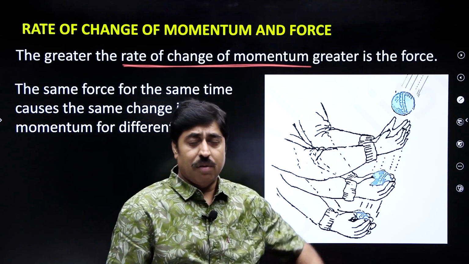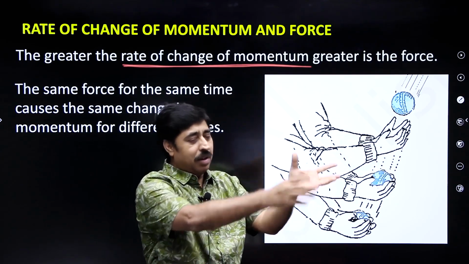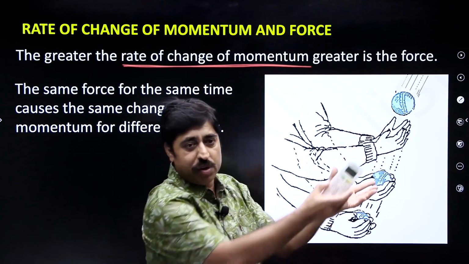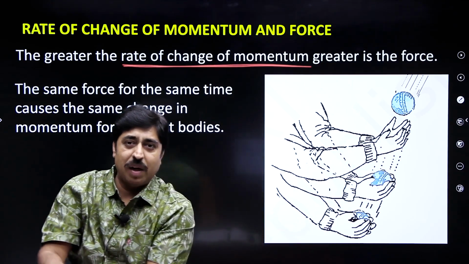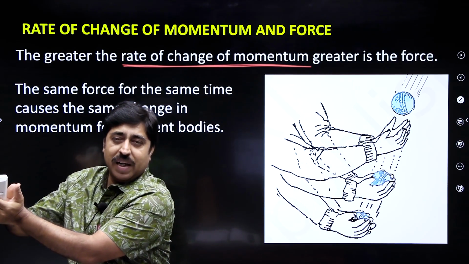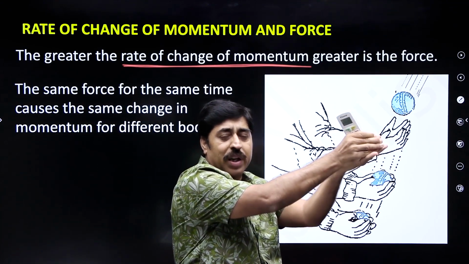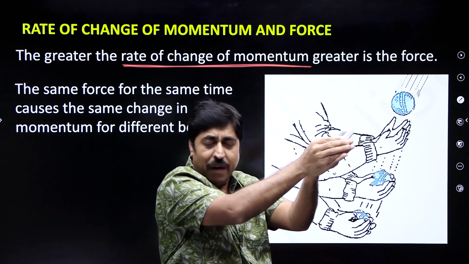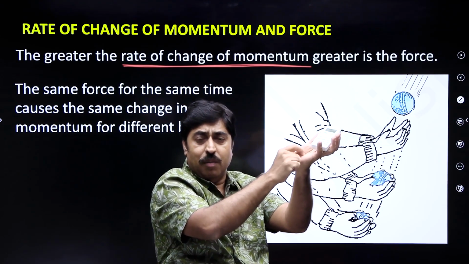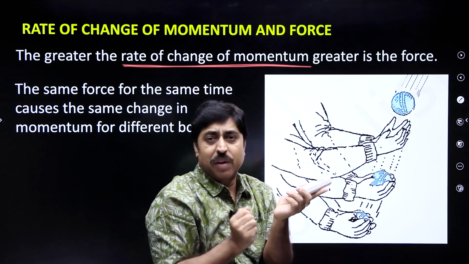Rather than doing this, what a player does is somewhat like this. If a ball is coming towards me, I catch it here, and I bring my palms back, and I finally complete the catch somewhere here. I don't try to hold the ball here only. Just holding it here and not allowing it to move will imply that there is a large force that I have to apply on the ball.